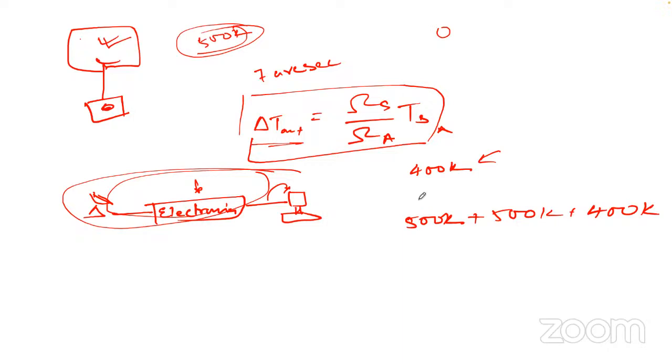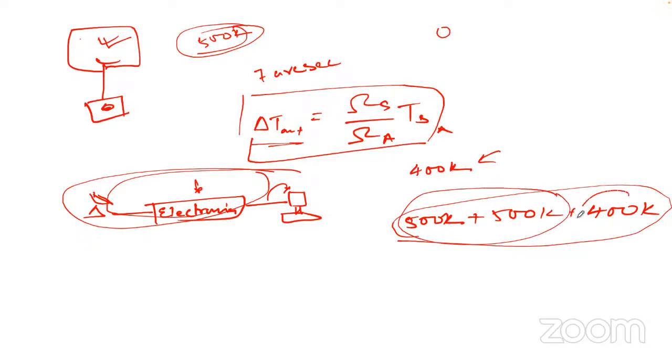So this is the total temperature which is being stored, and you have to remove these two things to get the value of the source.